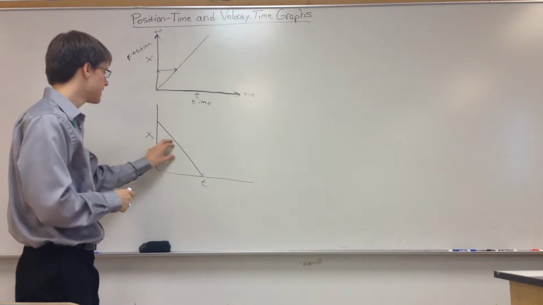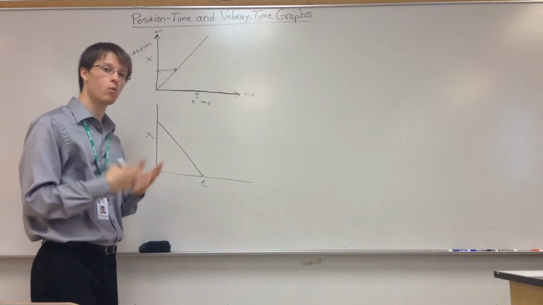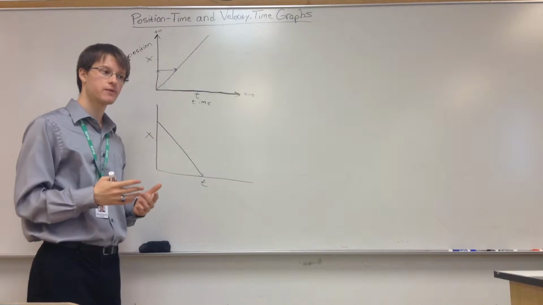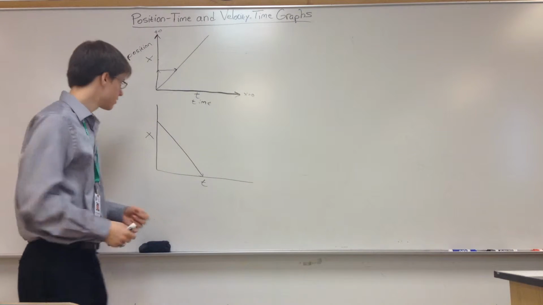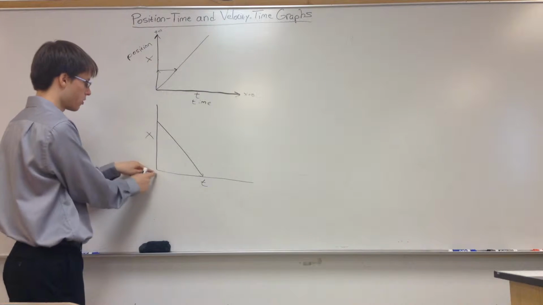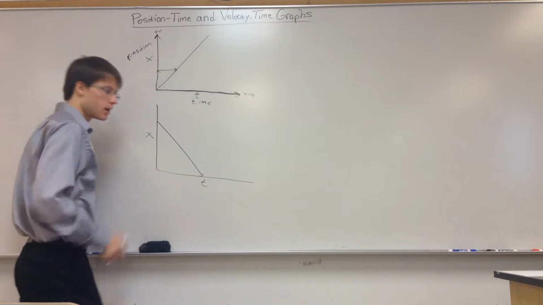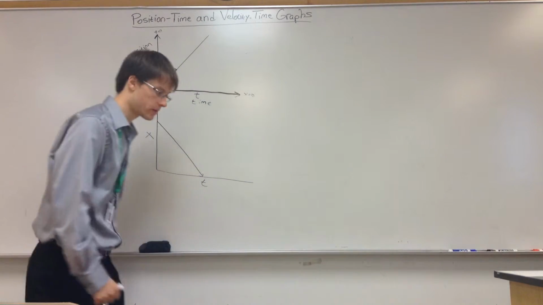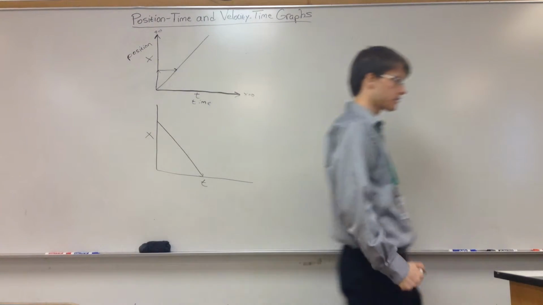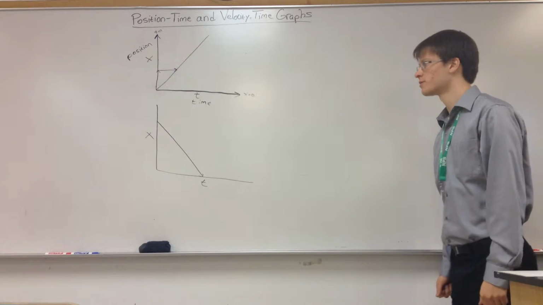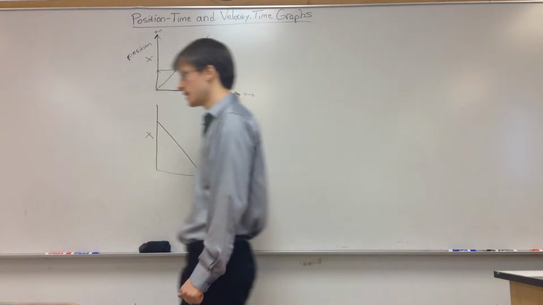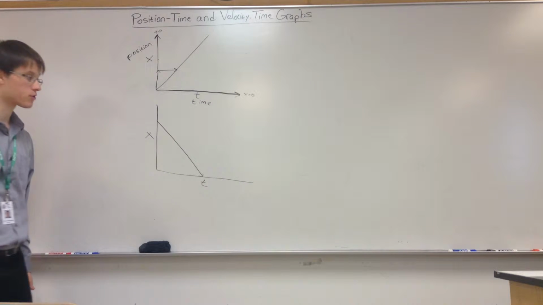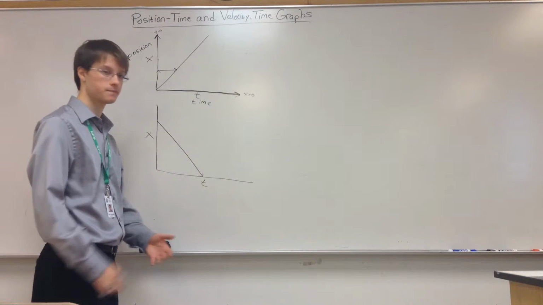So if I have a negative velocity, it means that I'm still traveling at one constant speed, but I'm moving in a negative direction. You can see I start up here and I'm moving towards my origin. That'd be like if my origin is over there, and I said that was the positive direction, so I walked this way, and I got the top graph. If I turned around and then walked the other way, I get the bottom graph, because now I'm traveling in the direction that I defined as negative.